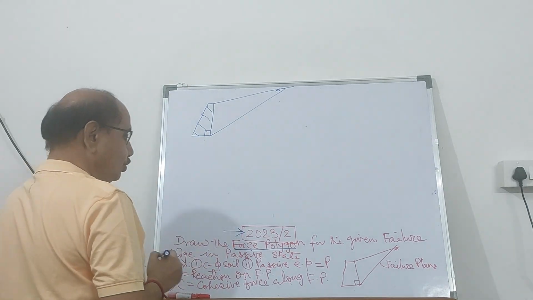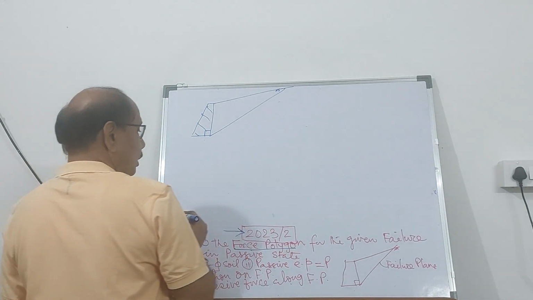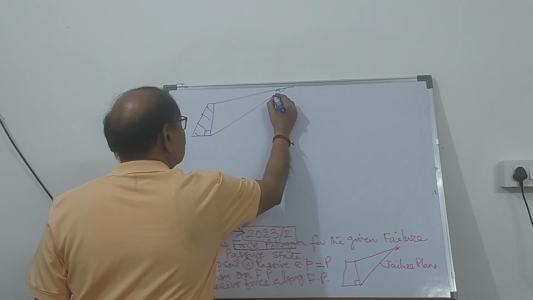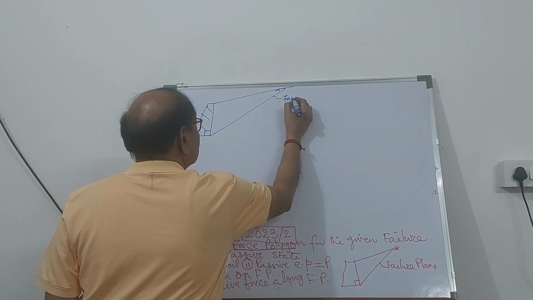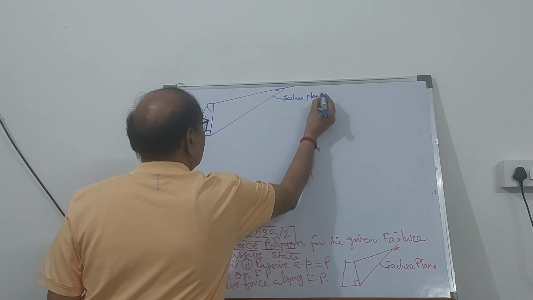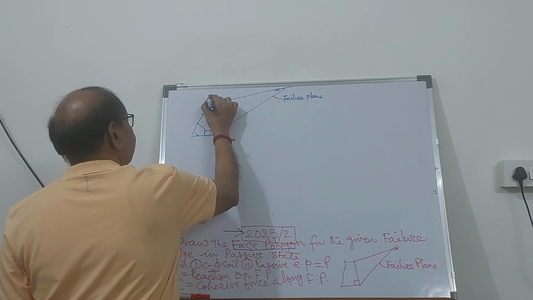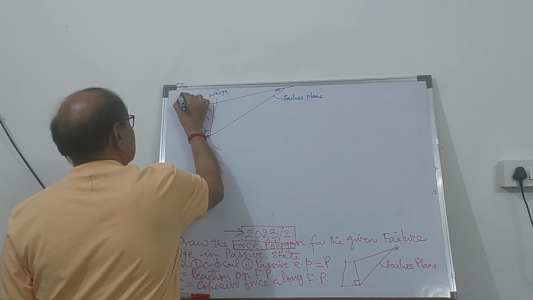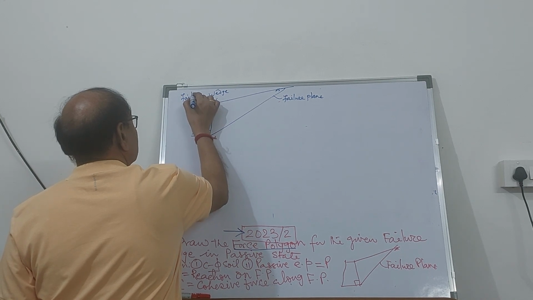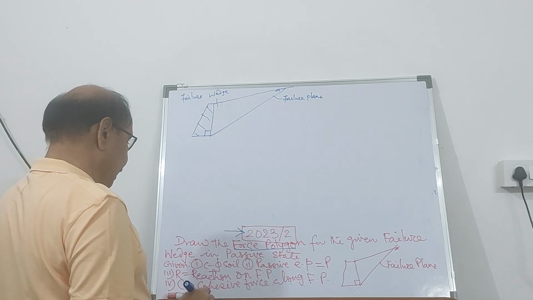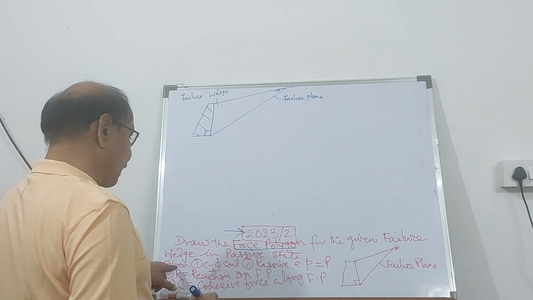This is the failure wedge, and this is the failure plane, or slip plane. The conditions are given over here.